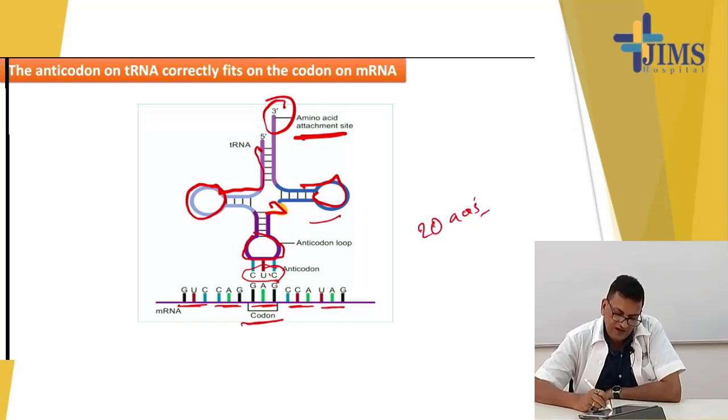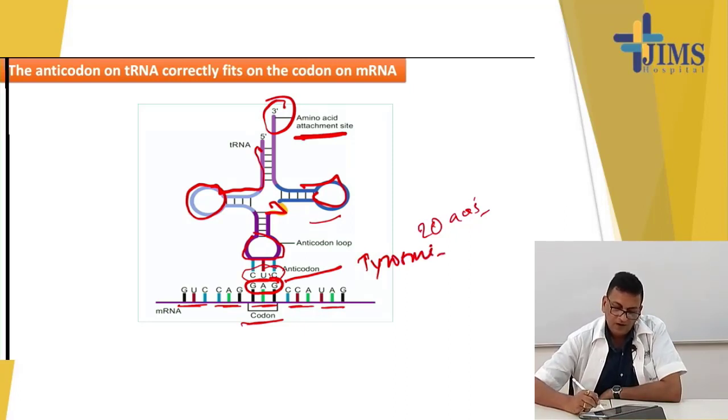So, suppose GAG is coding for tyrosine. When GAG is coding for tyrosine, you should observe that in the anticodon arm of the tRNA, these nucleotides will be complementary so that they can go and bind.